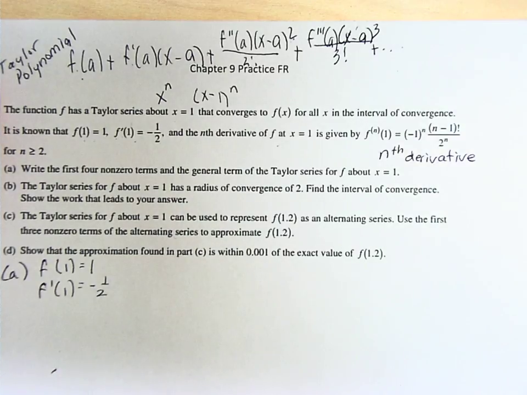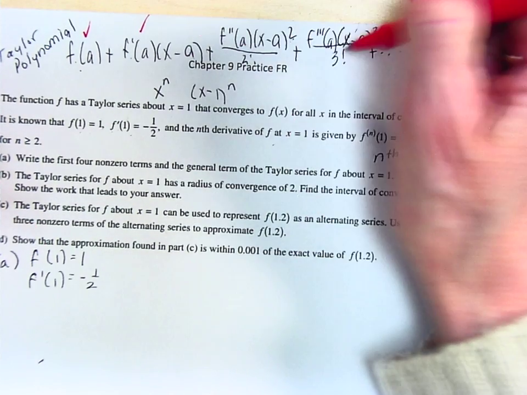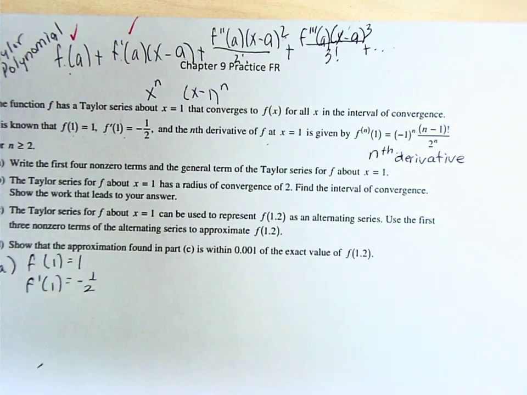We need to calculate some of these other derivatives. So we've got this one, we've got this one. We need to do this one and this one, so let's do that first.